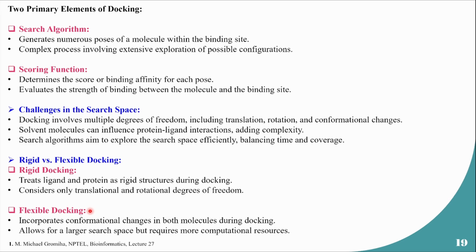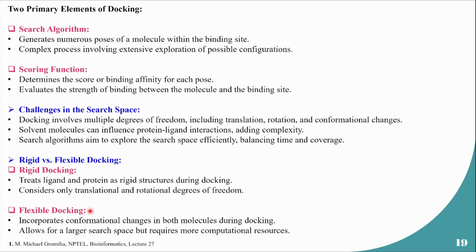So you can do it on your laptop for a certain number of molecules against a particular protein. But let's say you are trying to screen a large library, which means lakhs of molecules. In that case, the more flexibility you consider in your proteins and ligands, the more computing power and time you will need.